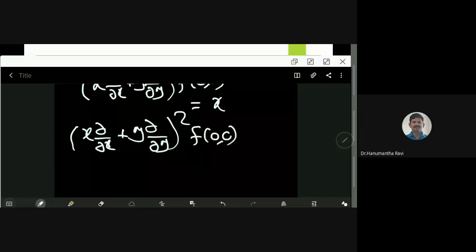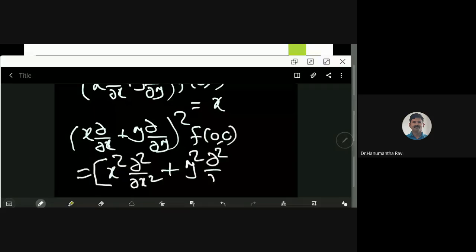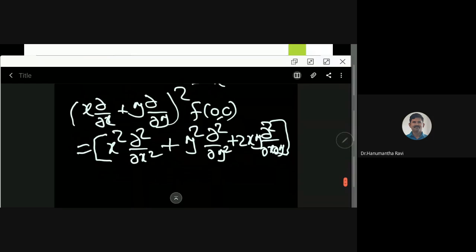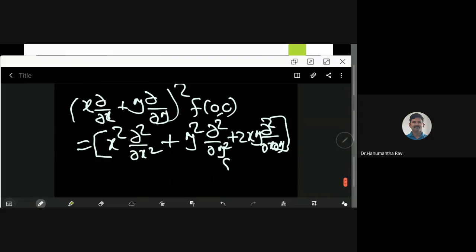This we need to find. So simply you expand like (a + b) whole square: x² ∂²/∂x² + y² ∂²/∂y² + 2xy ∂²/∂x∂y acting on f(0, 0).